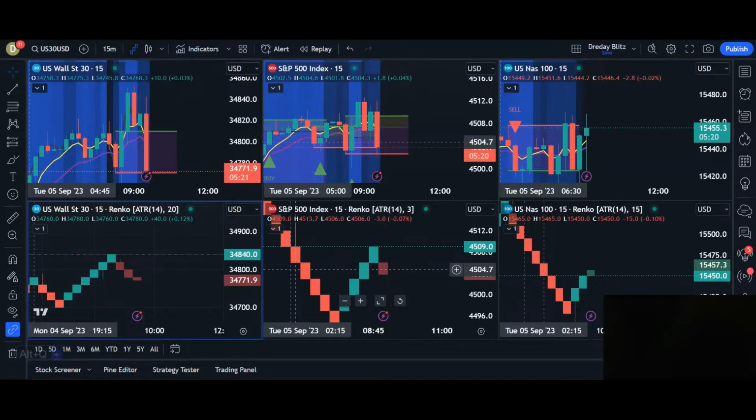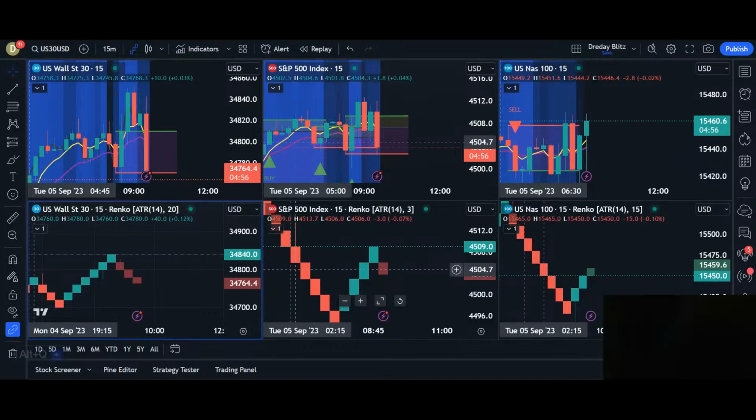And like I said, if you're trading the lower time frame, like the 5 minute chart, you're able to use the Renko bars on the 5 minute chart too. The Renko bar is really a free indicator that you have on TradingView. If you have the Pro Plus or the Premium package with TradingView, that will give you access to the lower time frame Renko bars.